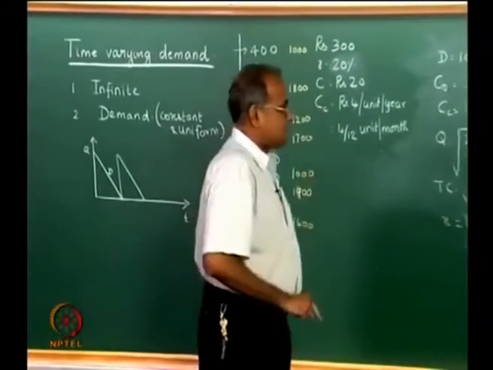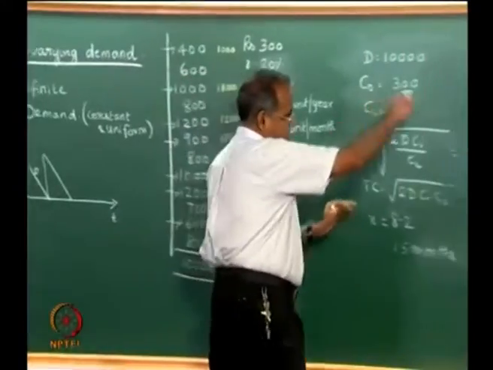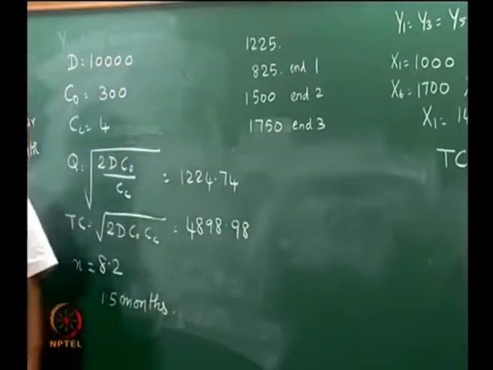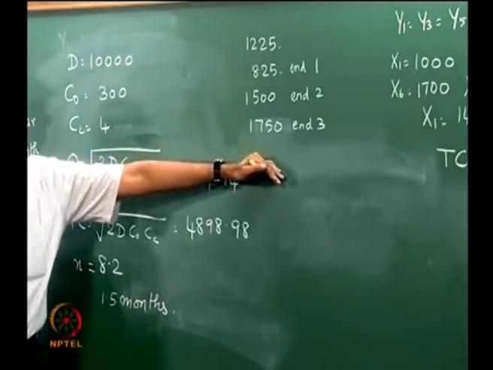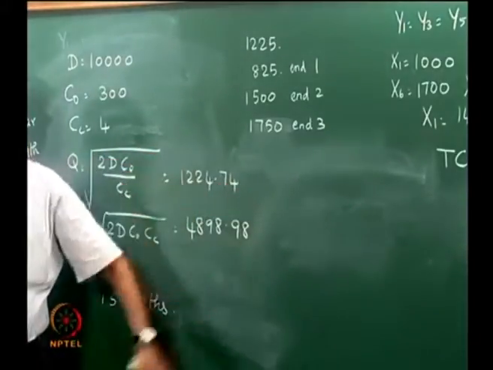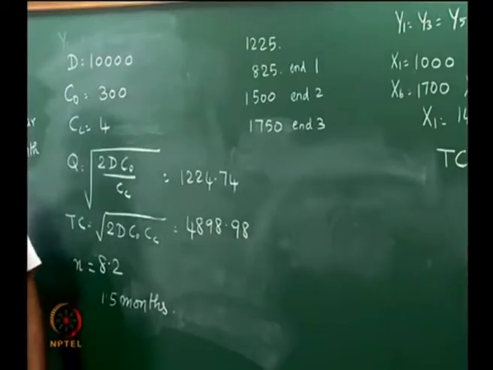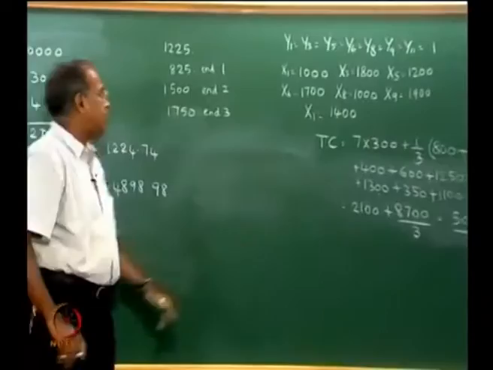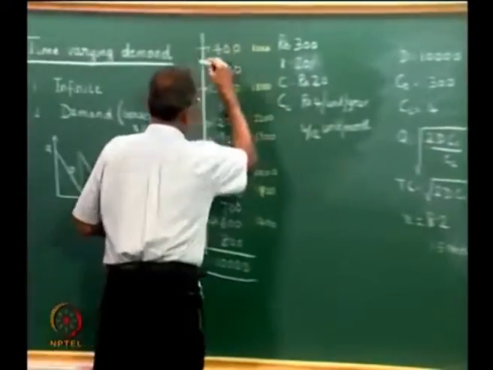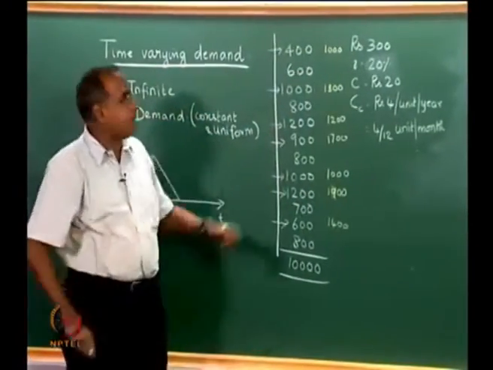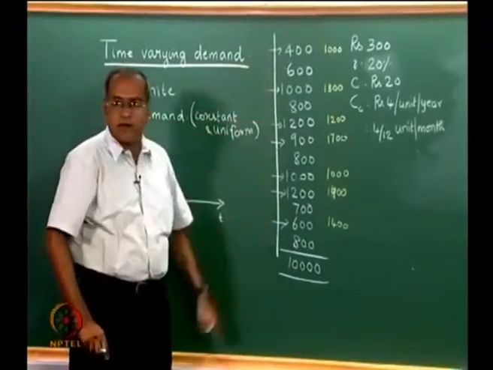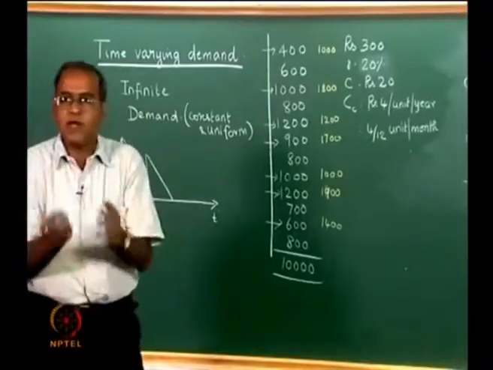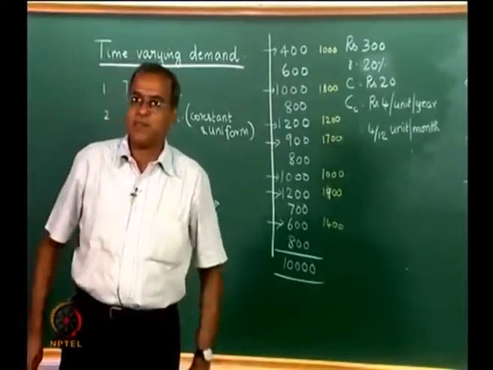The only place, even though this will be a feasible solution with cost equal to 4898.98, the optimal solution here will ask us not to order somewhere in the middle here and so on. The optimum solution will ask us to order at these points with a slightly higher cost of 5000. So, we need to explain why that difference happens.